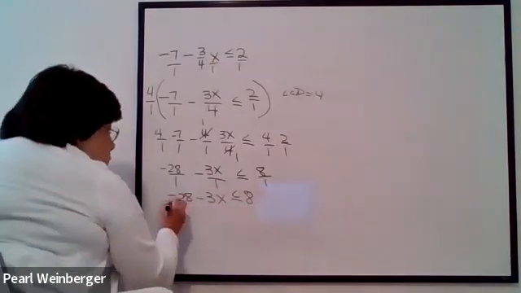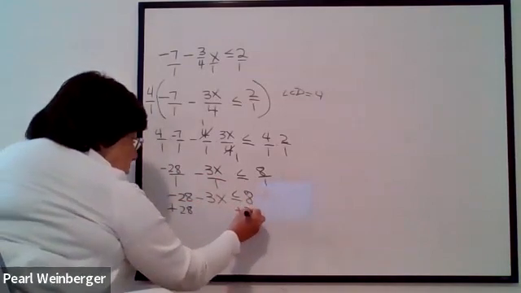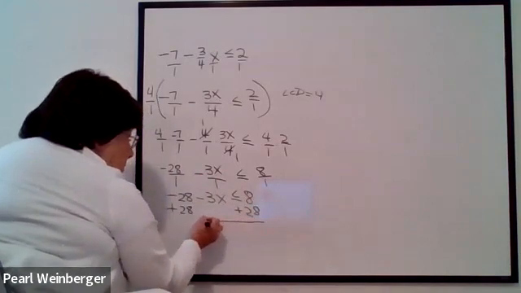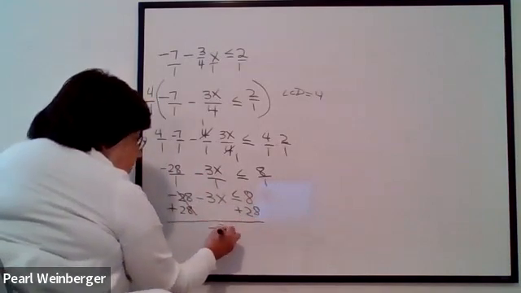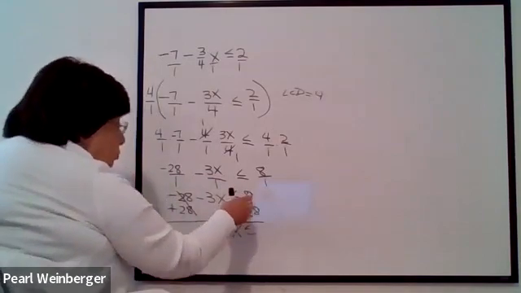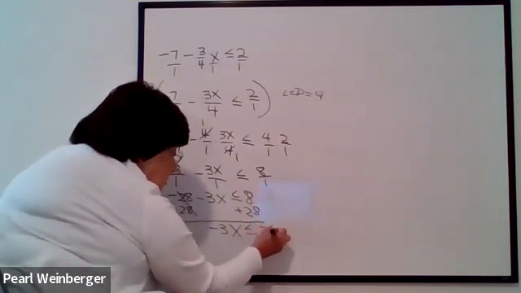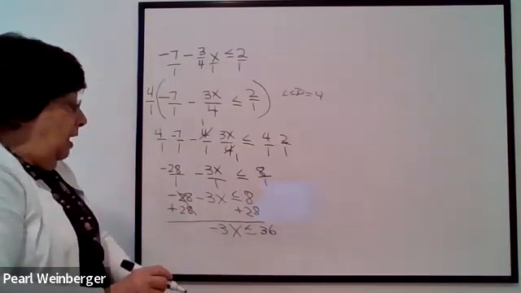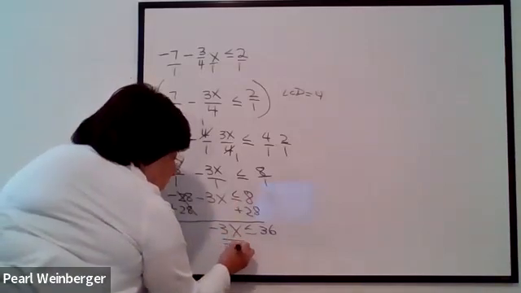So I'm going to add 28 to both sides. This will leave me -3x less than or equal to 28 plus 8, which is 36. And then I have to divide everything by -3.